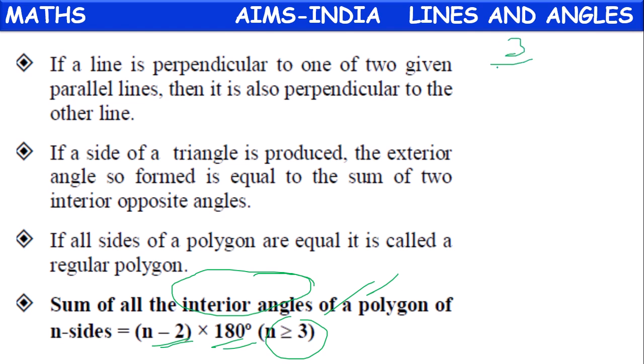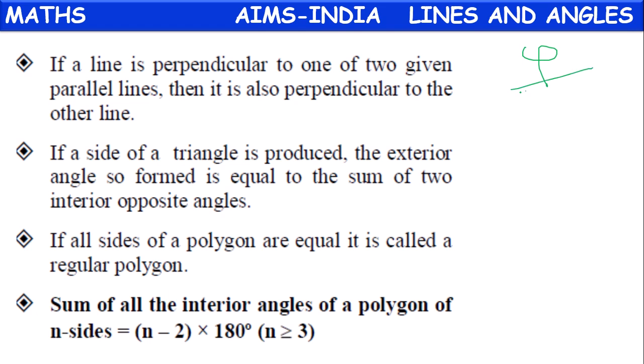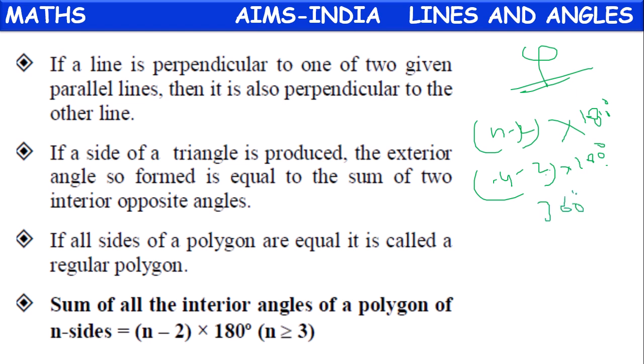Triangle, 3 sides: n minus 2 into 180. 3 minus 2 is 1, 1 into 180 equals 180. Next, quadrilateral, 4 sides: 4 minus 2 into 180. 4 minus 2 is 2, 2 into 180 is 360 degrees.